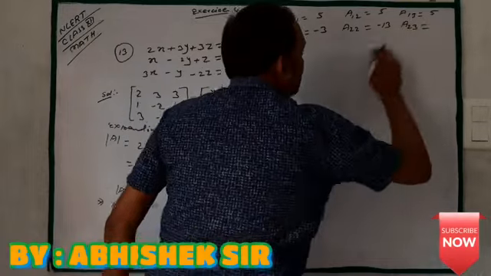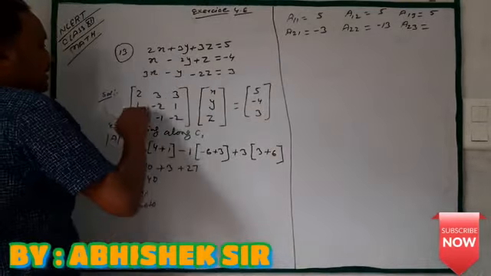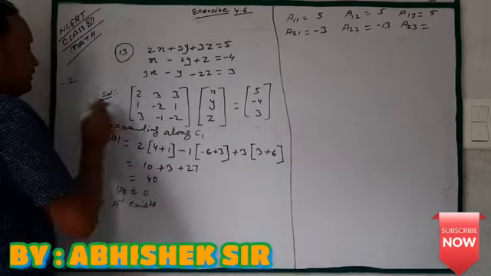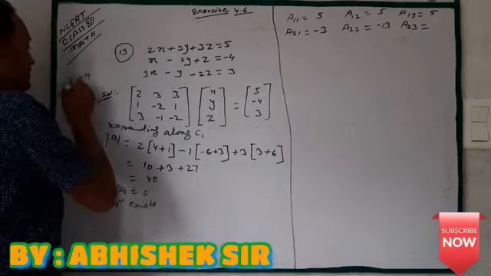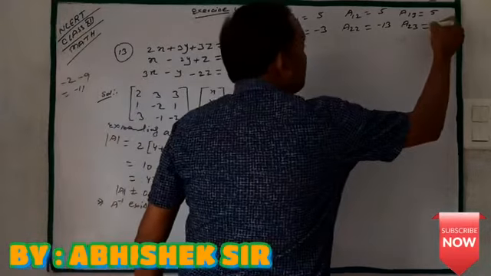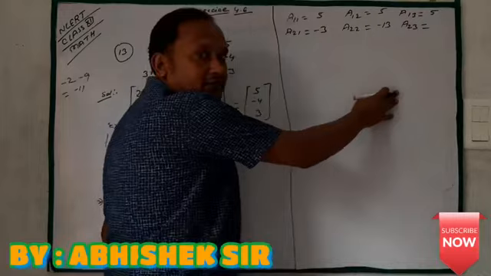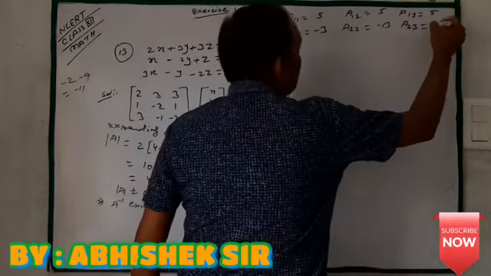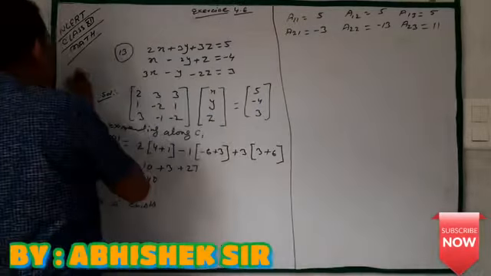A23, second row third column, minus 2, minus 9, minus 11, but this is the place of negative sign, this makes it 11 positive.